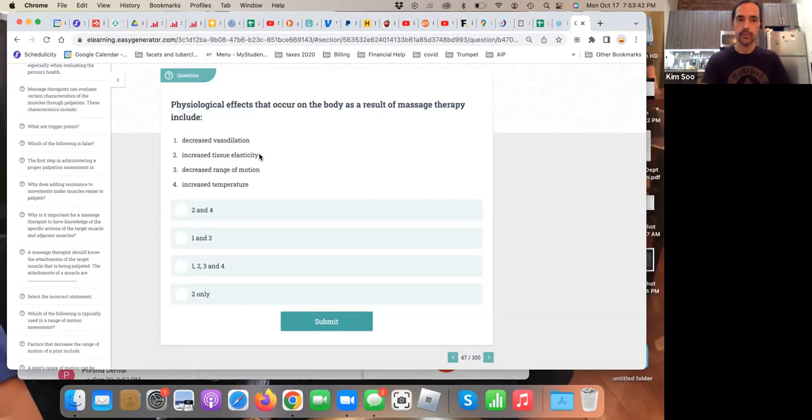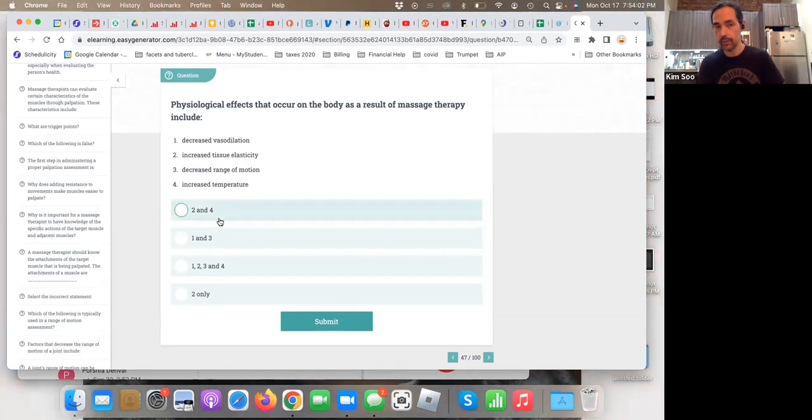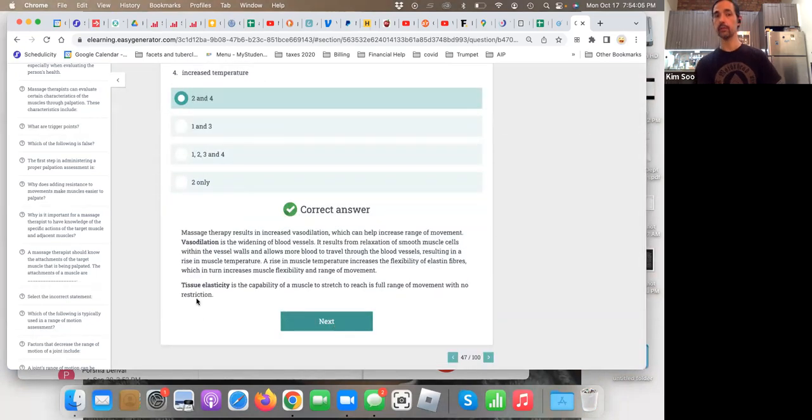So the answers should be increased tissue elasticity, decreased range of motion, increased temperature, 2, 3, and 4. Oh, I'm sorry. It says decreased range of motion, not increase. And you and I agreed it would be increased range of motion. So it should be increased tissue elasticity and increased temperature, 2 and 4. Let's try that. Okay, great. We learned a lot through that process.